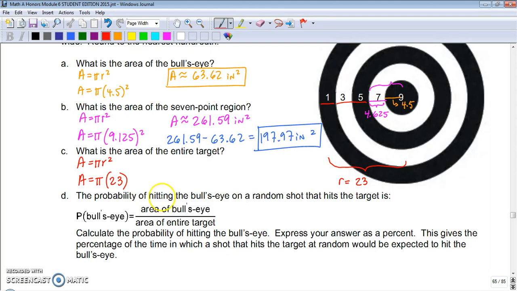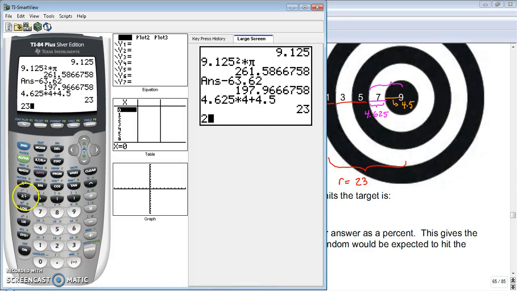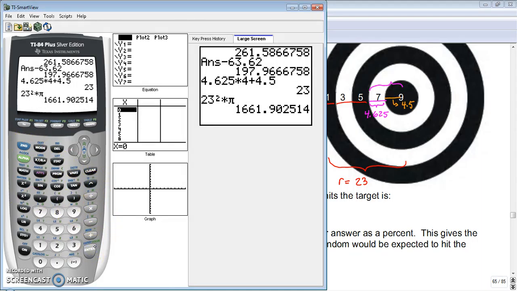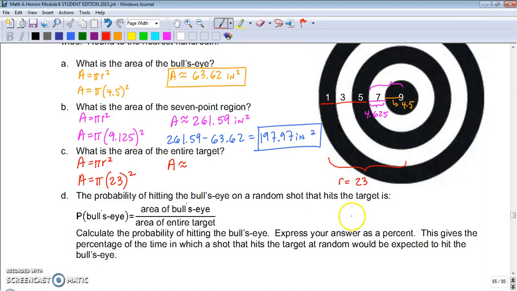Okay. And so that would mean that the area of the entire target is 23 squared, or 23 times itself, times pi, rounded to the nearest hundredth, is 1,661.90 inches squared.